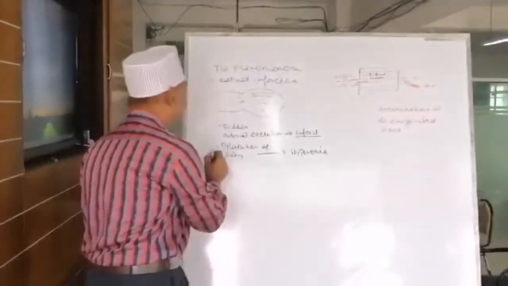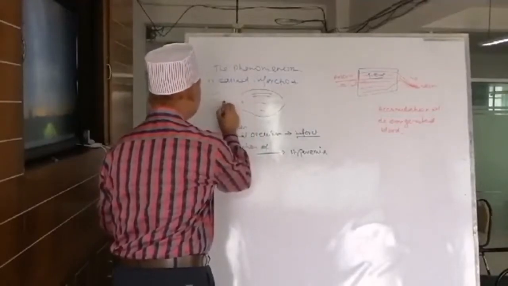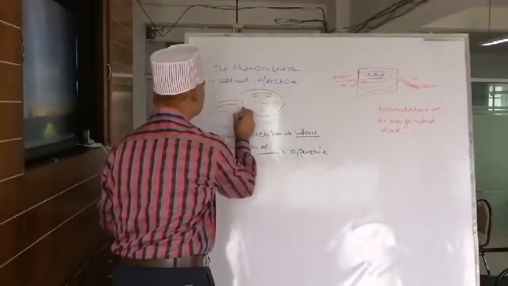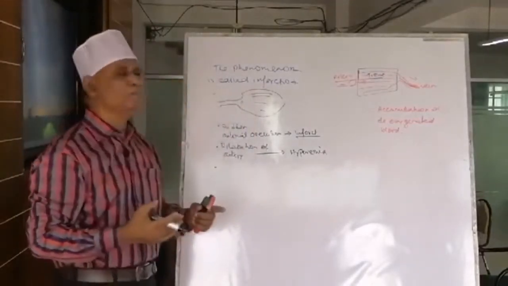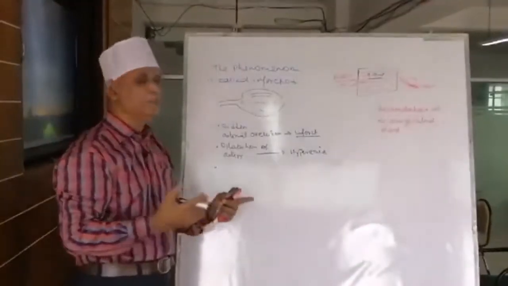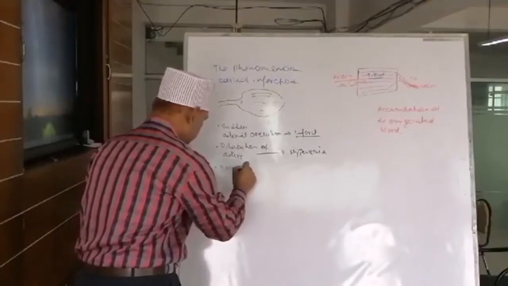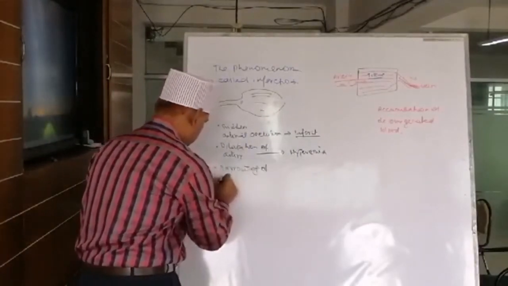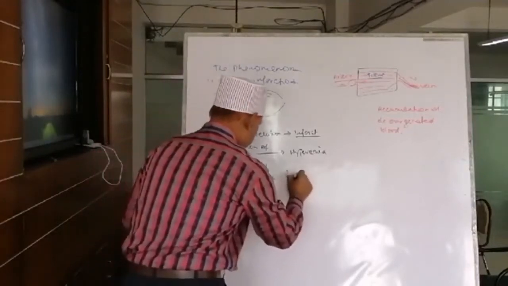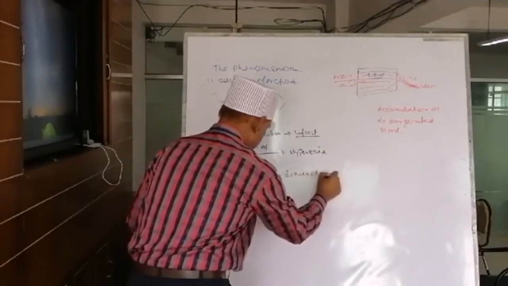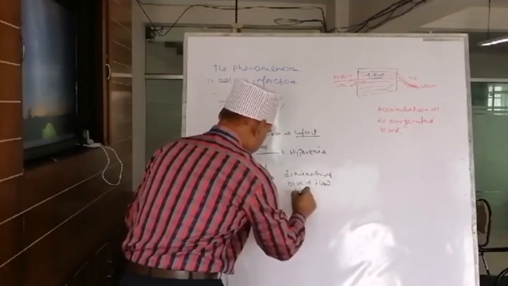And if there is narrowing of the blood vessel, what will happen? Following narrowing of the blood vessel or arteriole, there will be diminished blood flow in the tissue.